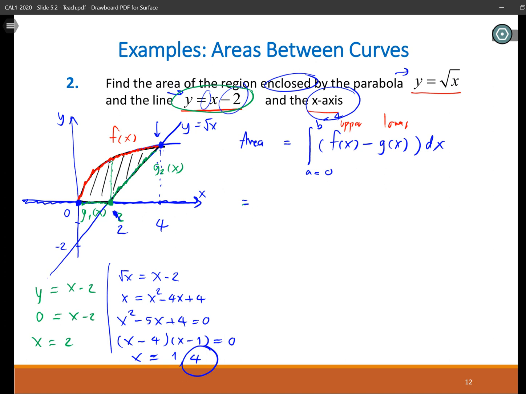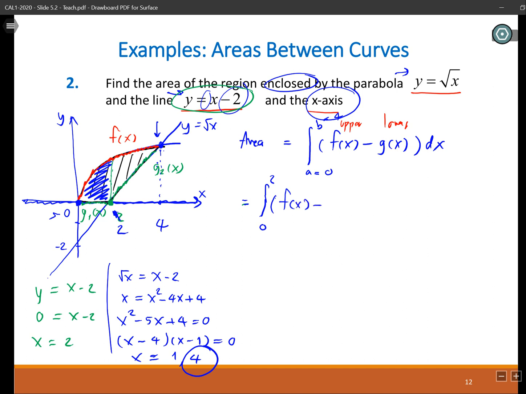But now we are back to g1(x) and g2(x). We know that we have to consider both of them. So instead of integrating all the way through from 0 to 4, we have to split them. The first section starts from 0 to 2. So we are talking about this section, 0 to 2. Upper function is the square root of x. Well, what about at this point? I'm gonna put f(x) for now.